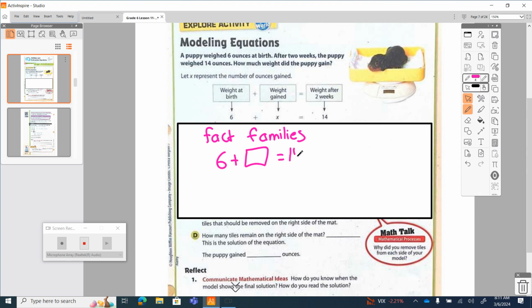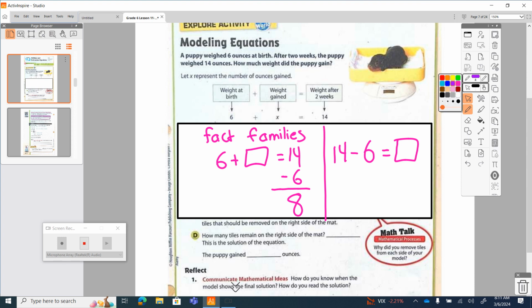As we did in the last lesson, the way we could check that is the fact family of 14 minus 6 would give us the answer. So what number would go here? We take 14 and subtract 6 and we get 8. And that makes sense, since 6 plus 8 does equal 14. That's a true statement.